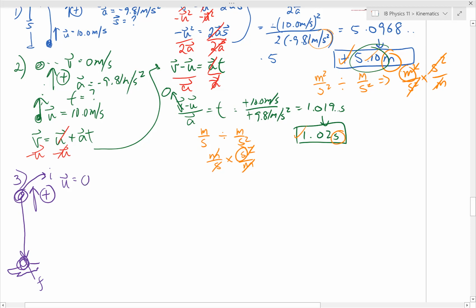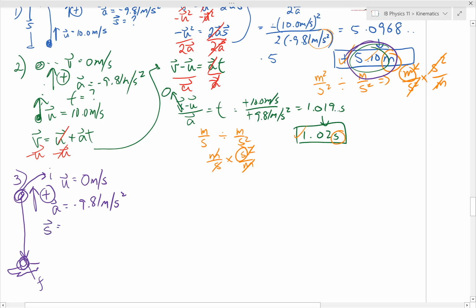I'm going to use 0 because it starts off at the peak where it momentarily stops. We don't know what the final velocity is right before it hits the person's hand. But we do know that acceleration is always negative 9.81. And we also know from the previous problem that the maximum height is 5.10.